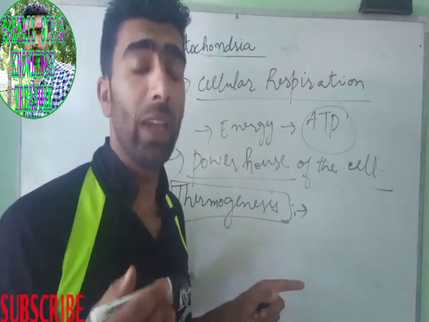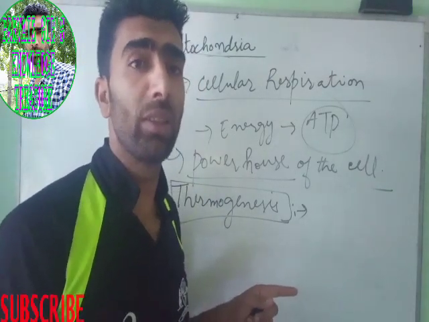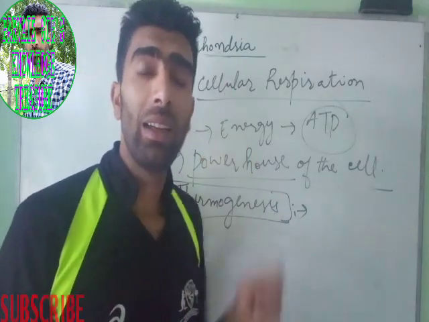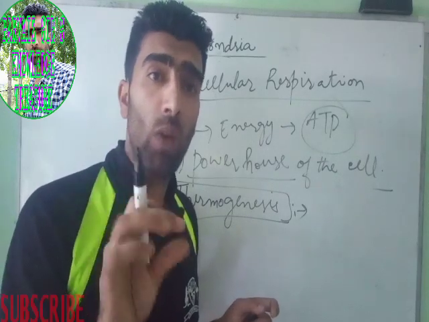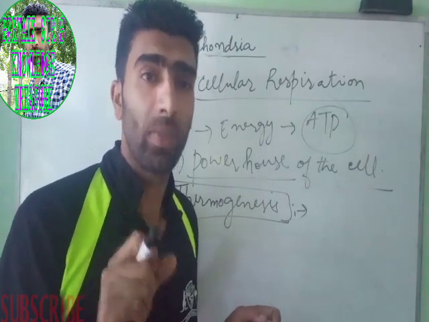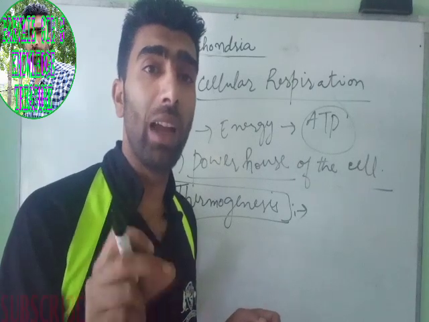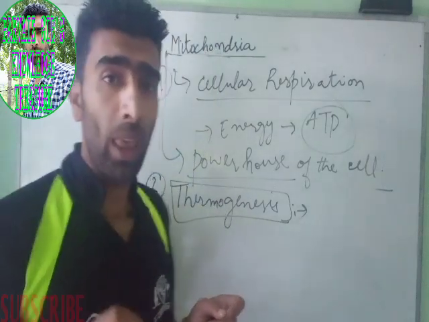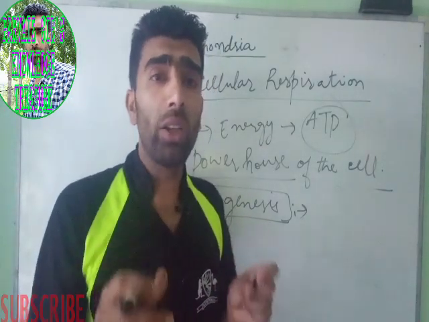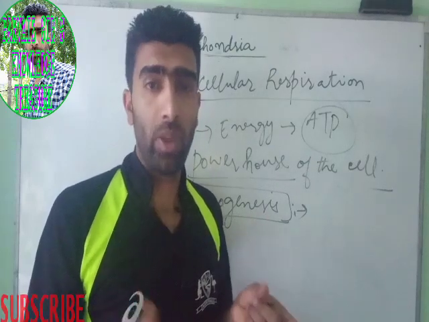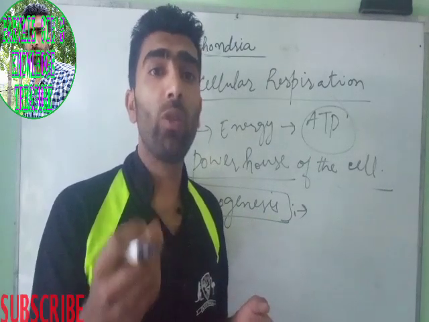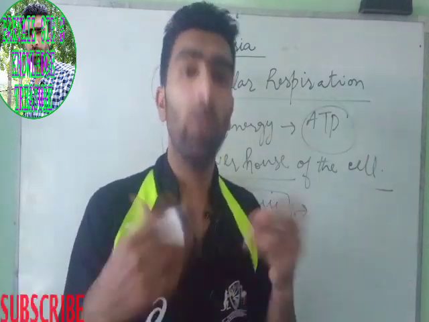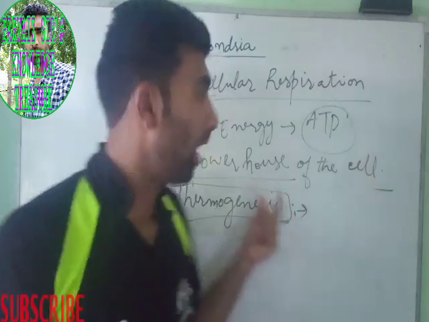For example, in young hibernating mammals, they have brown fat in their chest, and these fat cells have a large number of mitochondria in them. They produce a large amount of heat in this brown fat, and the heat requirement of these animals is fulfilled by these mitochondria.